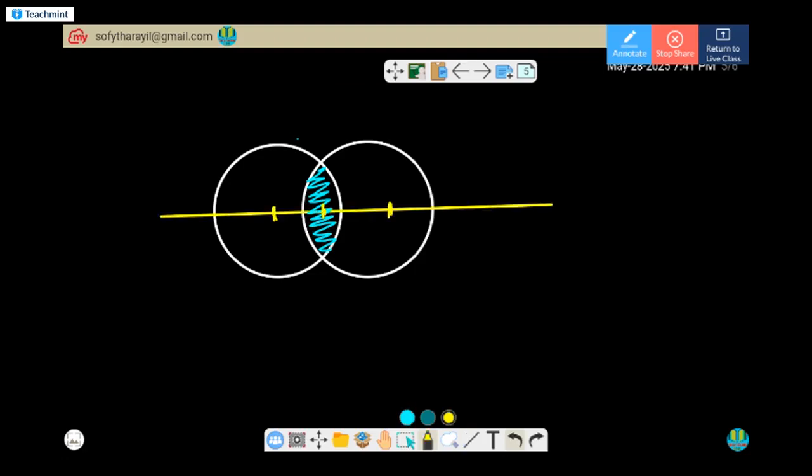Now for convex lens, you will all write down: whenever you're going to take C1 and C2, where should you place C1 and which is your C2? The right side is going to be considered as C1, the center of curvature of the first one, and to the left side, you're going to consider C2.